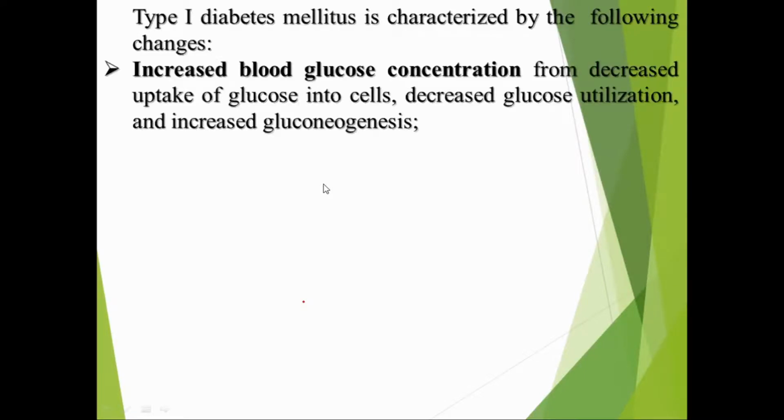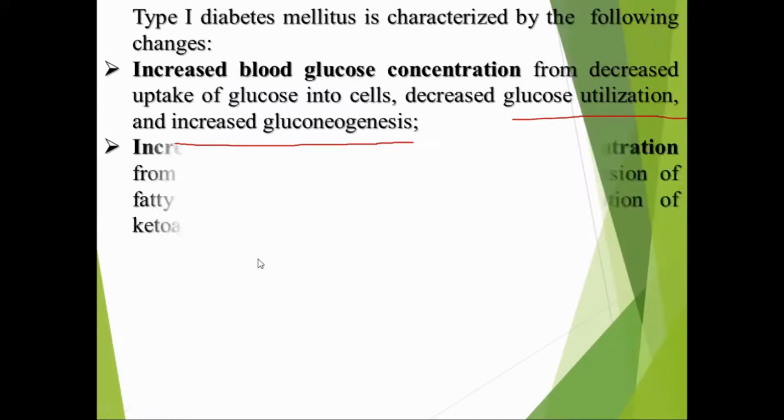Increased blood glucose concentration, because insulin is not there to maintain the level of blood glucose. This results from decreased uptake of glucose into cells, decreased glucose utilization, and increased gluconeogenesis, all associated with the functions of insulin.